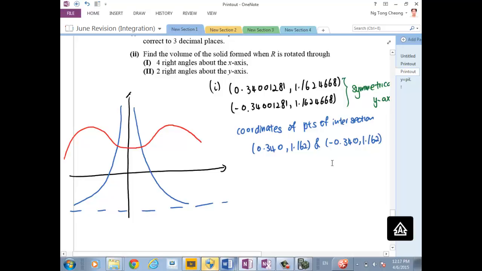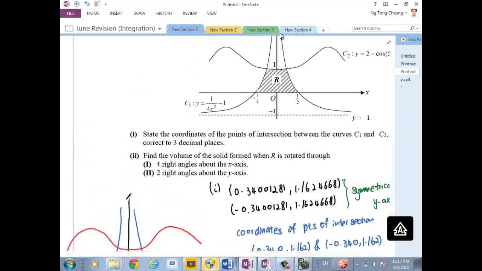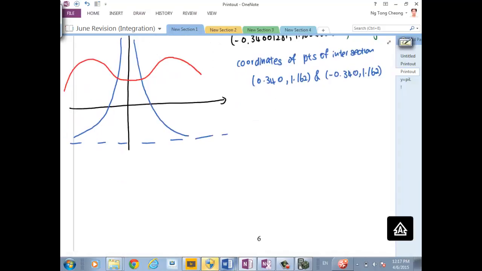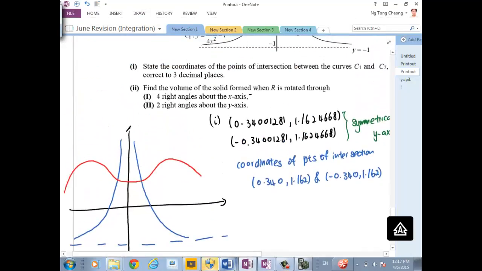Now they want me to find the volume when it's rotated 4 right angles about the x-axis. Similarly, I ask myself, after rotating 4 right angles, do I get a complete solid from my region R? I do. So the formula I'm going to use for this part of the question will be pi, because I'm going to get a complete solid.